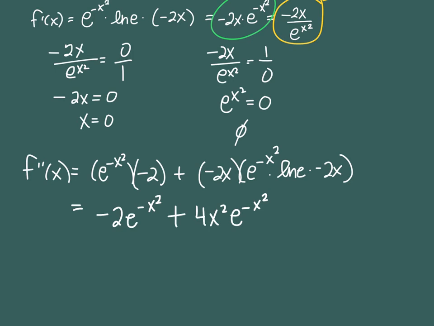And so I would factor out what that has in common. So I'm going to take out 2, and I can take out an e to the negative x squared. That's going to leave me with negative 1 plus 2x squared.